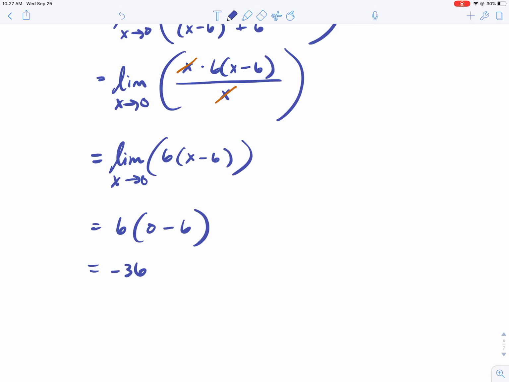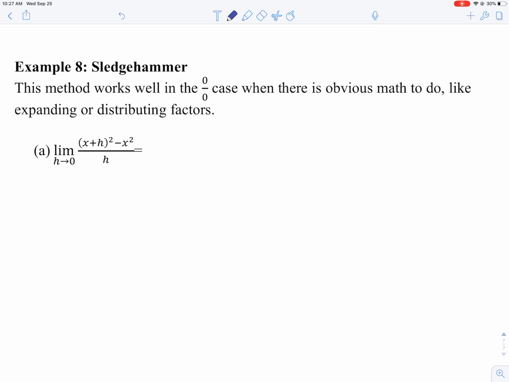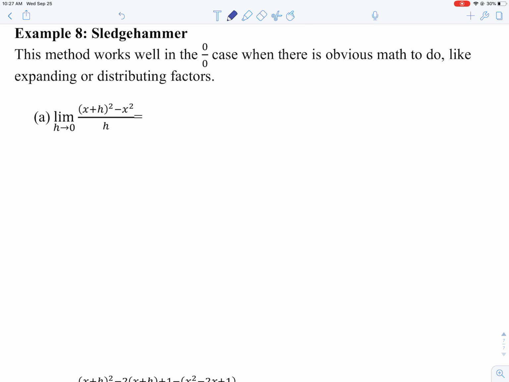All right, almost done. Now the least fun form of evaluating a function algebraically. When you run into the 0 over 0 case and there's no obvious algebra to do, no RATCON, no FODO, you just have to expand.